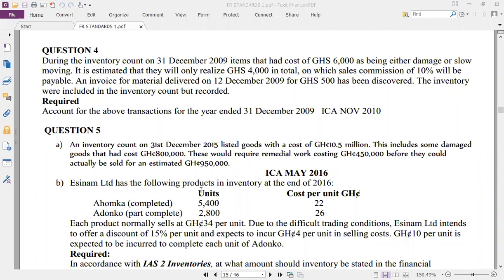And then second, you can also use the selling prices and the details given to you. The details given to you are for the slow moving, not for the entire goods. So that is it. Just that when you are done, whatever value you arrived at from the slow moving must be added to what? The normal one. Good. So that is it.